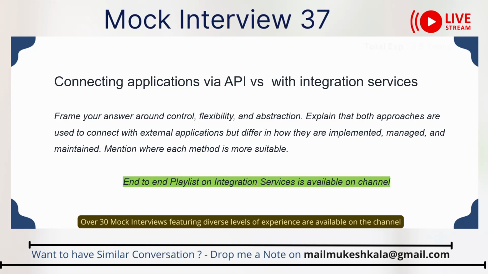In HTTP requests we know the methods, so you have to use those methods to connect with any API, to get the data or to update the data. Whereas with integration services, UiPath is directly providing the connection to third party applications. I guess this is more reliable than the traditional one.